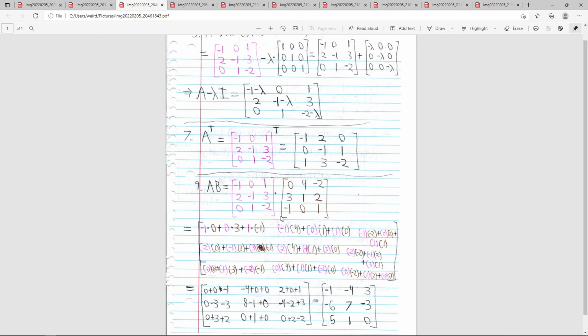Also, in multiplication, remember that for A times B, A's columns and B's rows have to be the same. Because it's row, column, the column and row have to be the same. If you write them side by side, it goes row, column, so the middle two have to be the same.